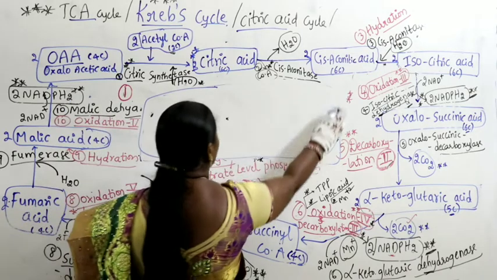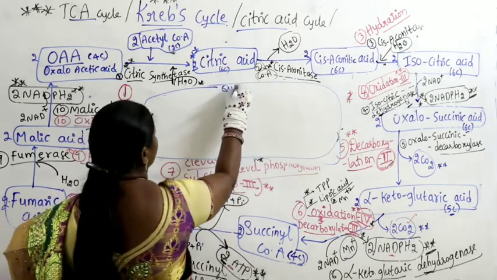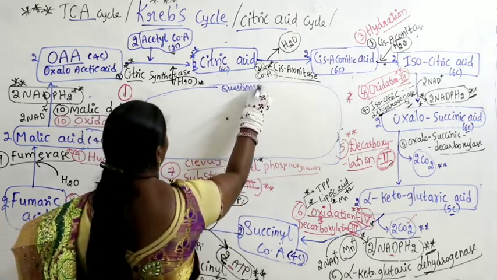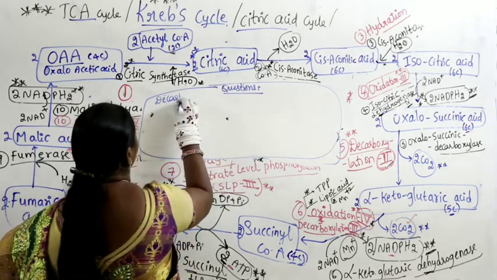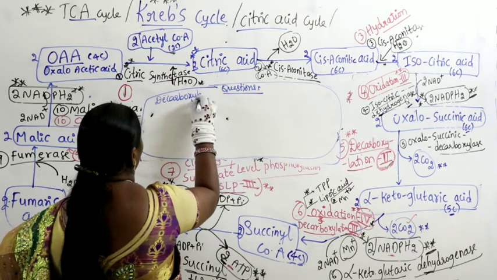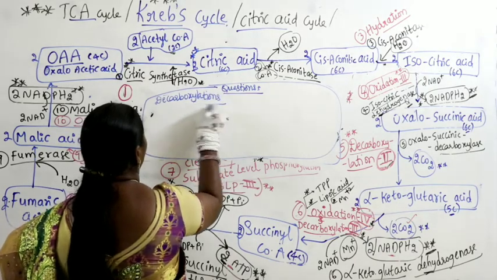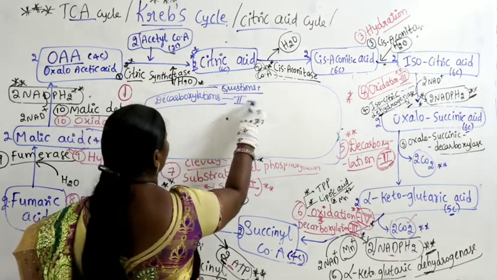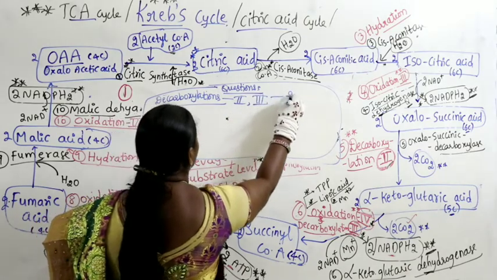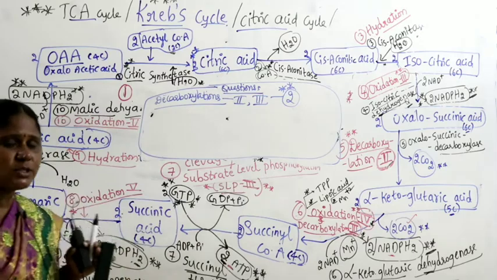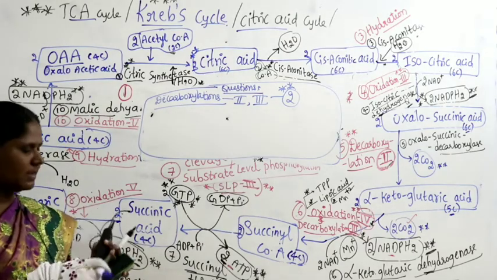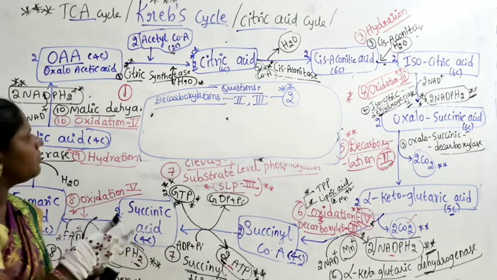Questions will come totally on decarboxylations. So how many decarboxylations here? There are 2 decarboxylations, decarboxylation number 2 and 3. You have to remember the steps of conversion where decarboxylation happens.